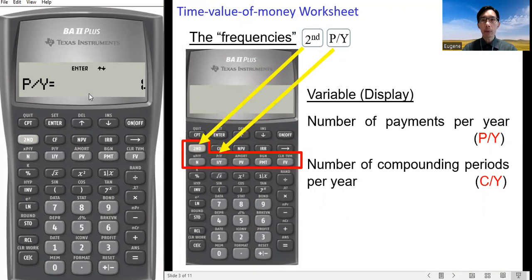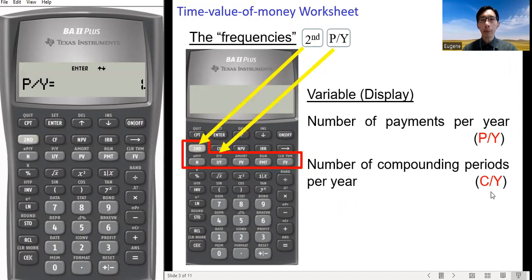There are 2 variables. PY denotes the number of payments per year, and CY denotes the number of compounding periods per year. For problems involving compound interest with single payment, we are only interested in the value for CY, the number of compounding periods per year.